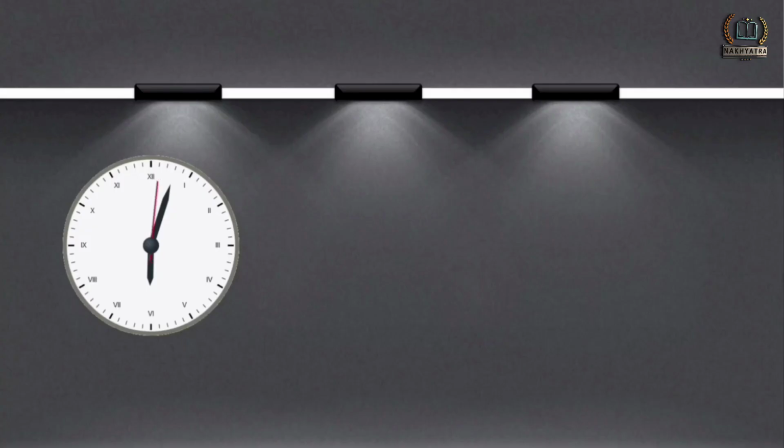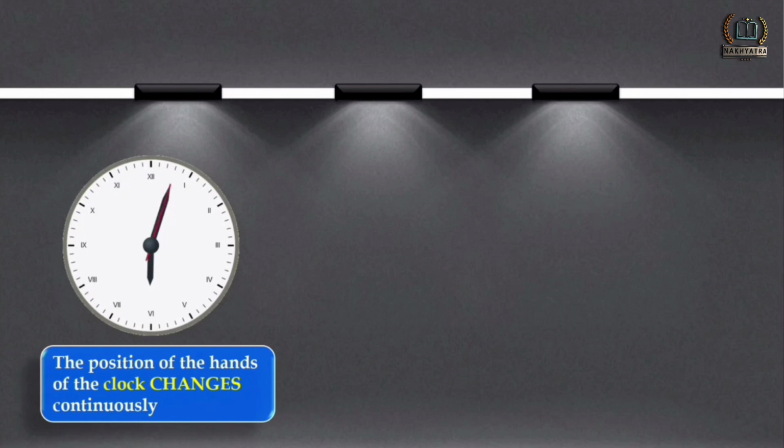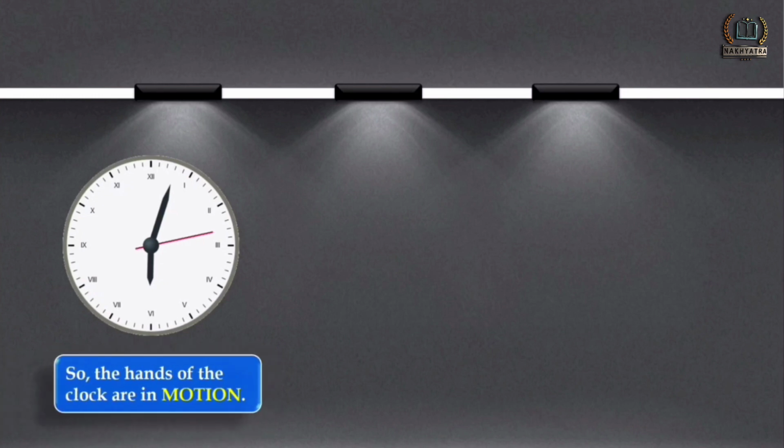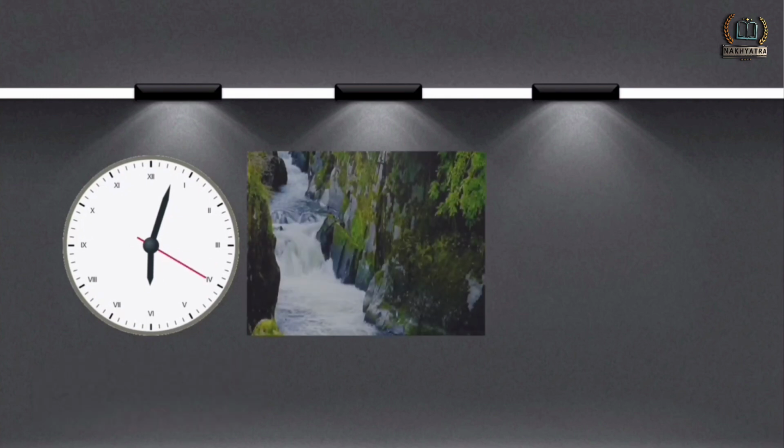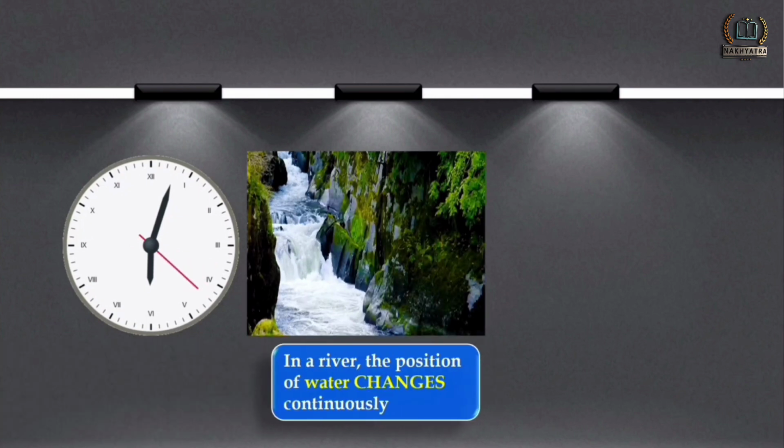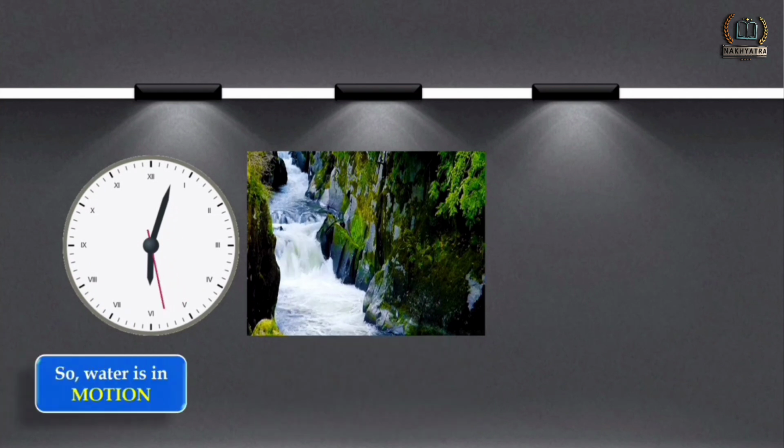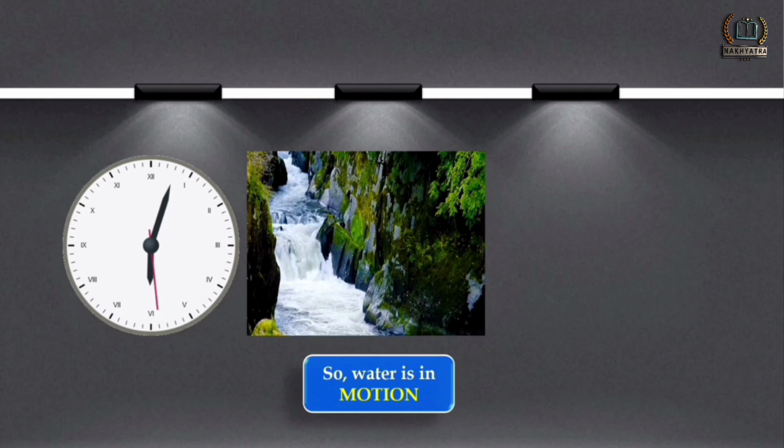Well, now see here. Can you see the position of the hands of the clock? Here the position of the hands of the clock changes continuously. So the hands of the clock are in motion. Clear, everyone? The next example is, in a river the position of water changes continuously, so water is in motion.